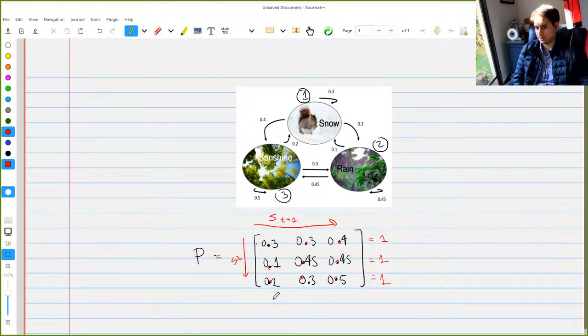So the summation of the probabilities always needs to give us 1. But if we do the summation in this direction, it will not give us 1. That's why, to transition from one state to the other, we multiply by the probabilities as a row vector. That means from the left.